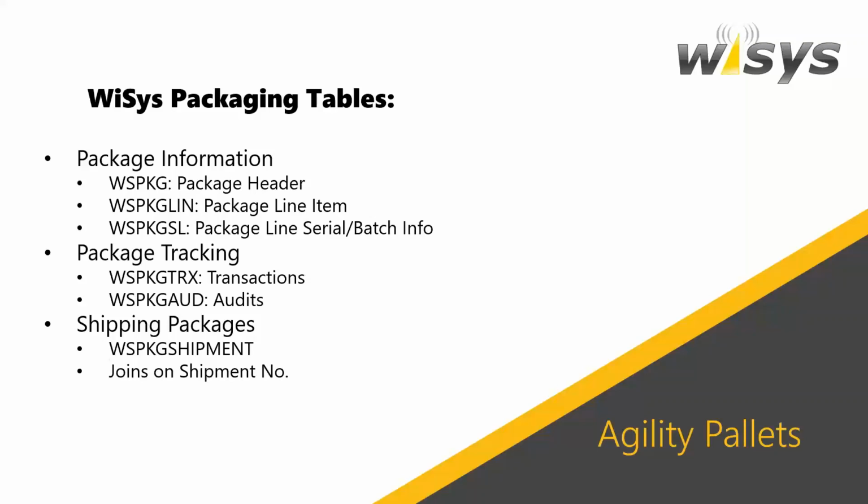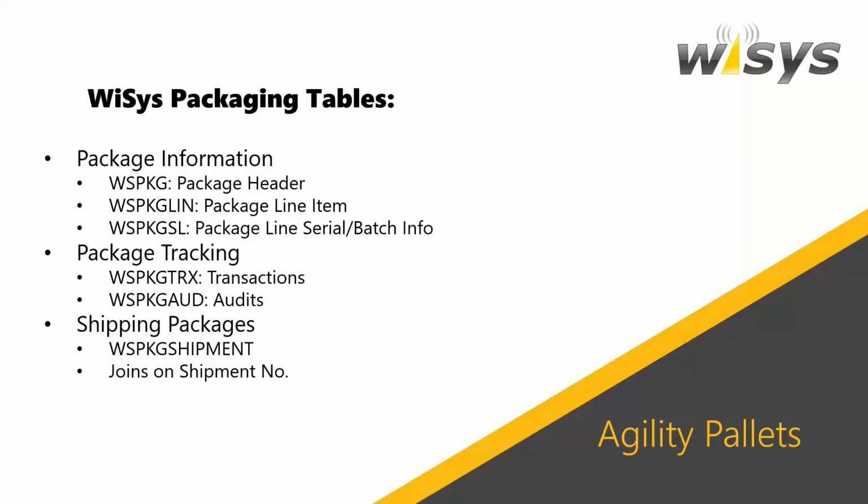So we have our WiSys package tracking tables, and that's going to be WSPKG TRX for transactions. Think of that more like every specific package transaction. There's a record for this transaction, and we're just looking over time to see every movement that happens. And then we have WSPKG audit, which has information very, very similar between the two tables. You can almost use them interchangeably, but WSPKG audit has a little more actual package information in the table.